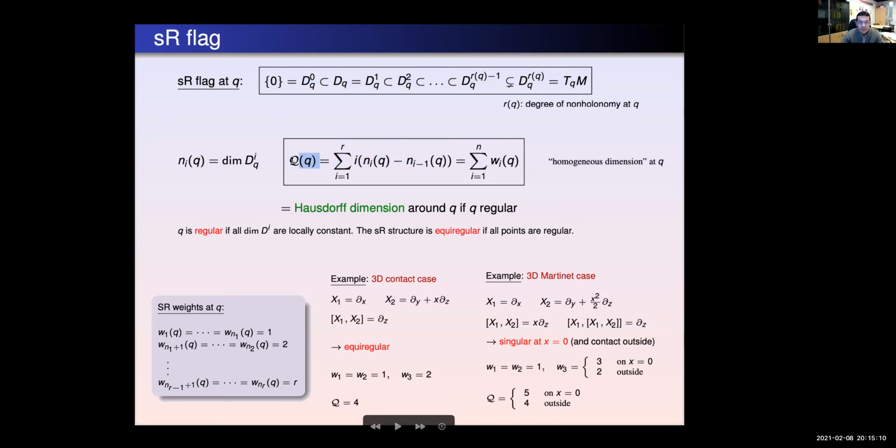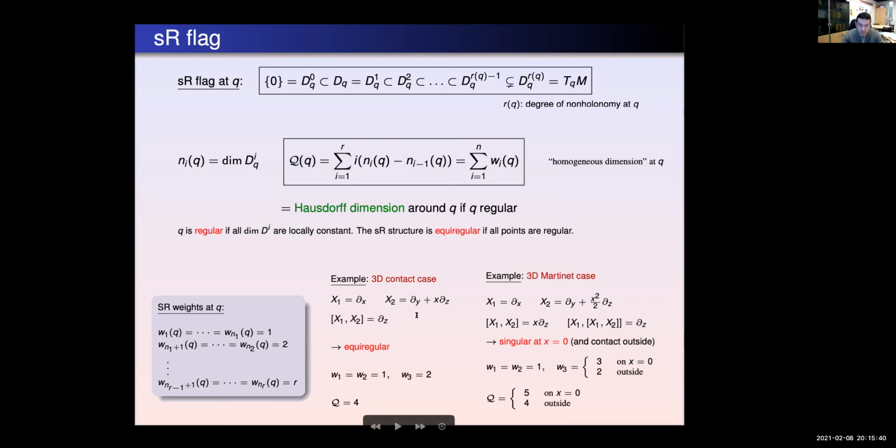Actually, this integer is always equal to the Hausdorff dimension around the point Q whenever Q is regular. What does Q regular mean? Q regular means that the sub-Riemannian flag is regular, meaning that the dimensions of the successive elements of the filtration are locally constant. Otherwise, we will say that Q is singular.